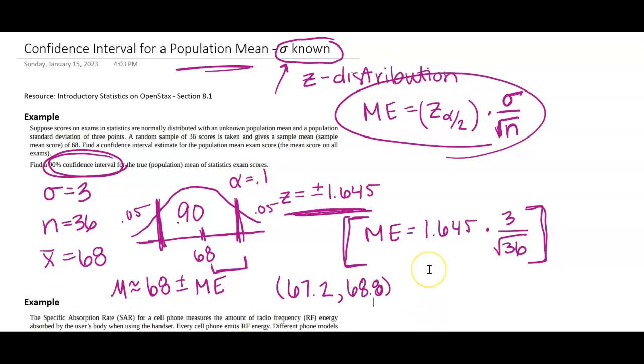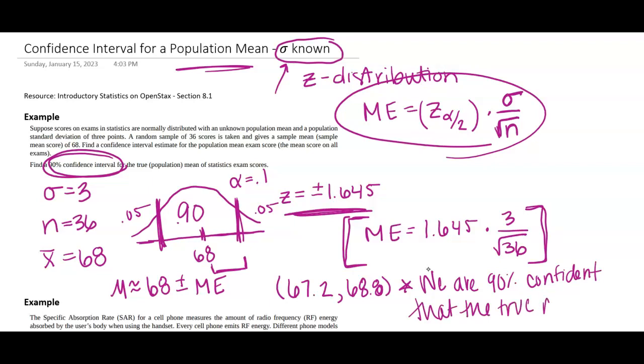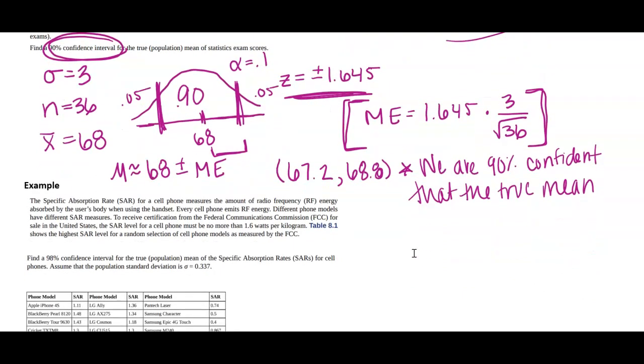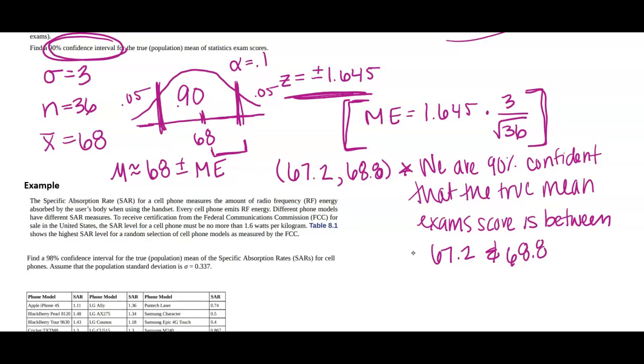Now let's talk about what this measures. This says that we are 90% confident that the true mean exam score is between 67.2 and 68.8.